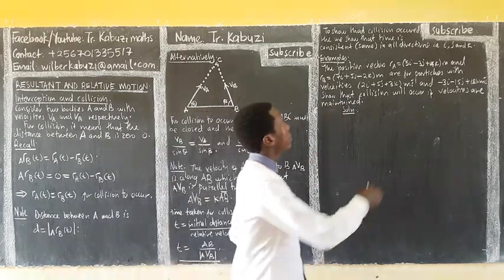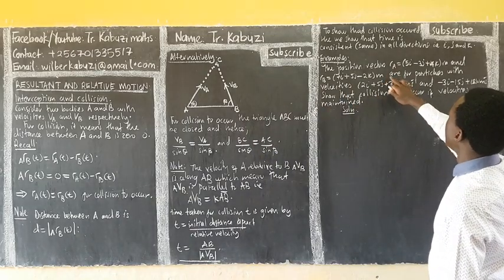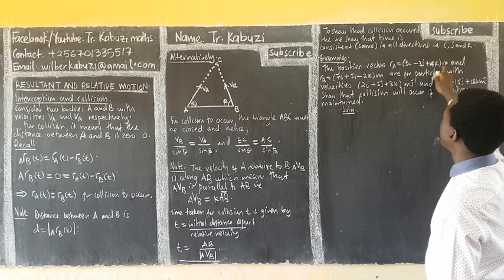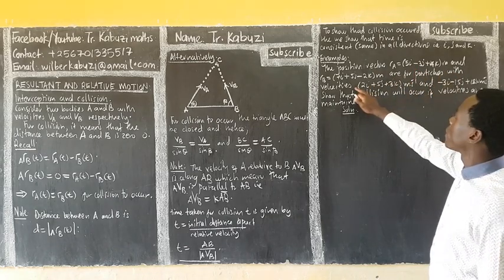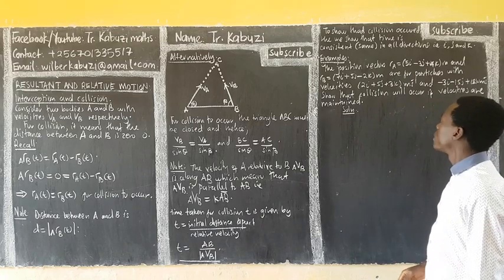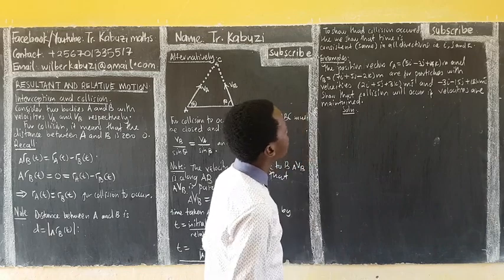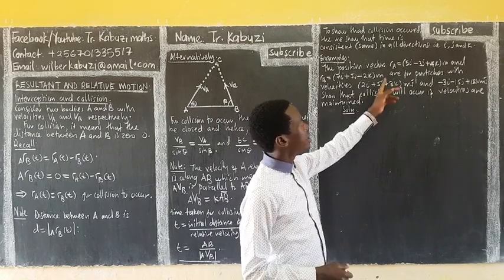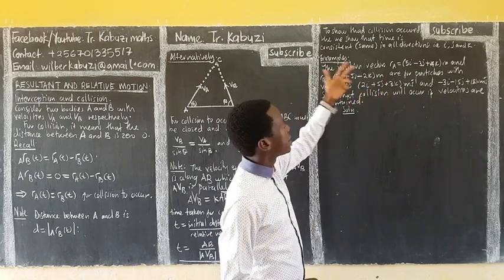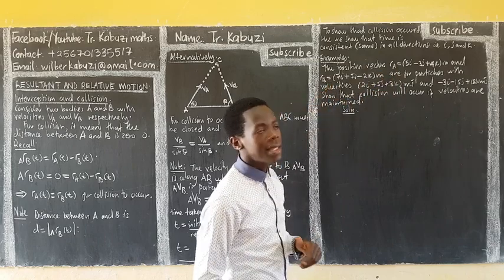The position vector of A is this, and B is this. The position vectors are for particles with velocities this and this. Show that collision will occur if velocities are maintained, meaning the velocities are constant. For them to collide, the displacement of A at any time is equal to the displacement of B at any time.